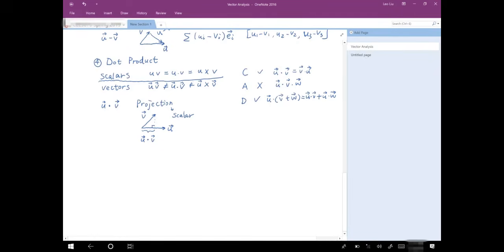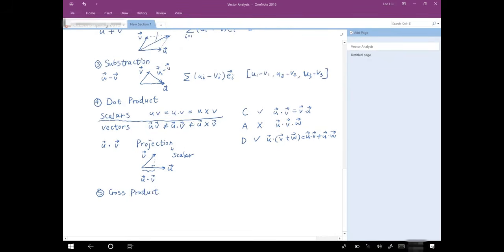And next, cross product. Oh, another thing before we move to cross product: the dot product has another name, the scalar product, because by doing this operation we obtain a scalar.